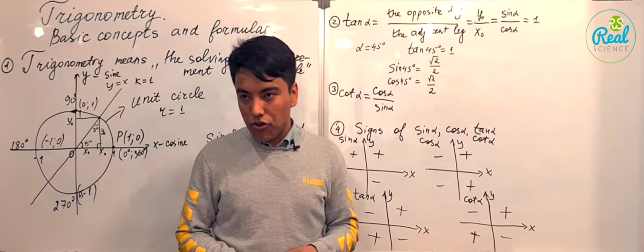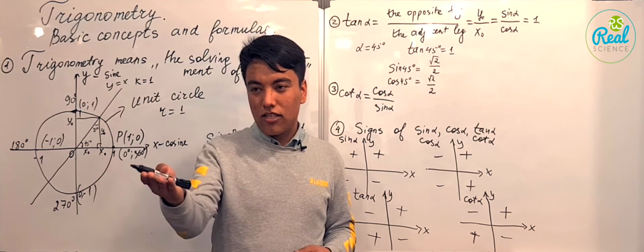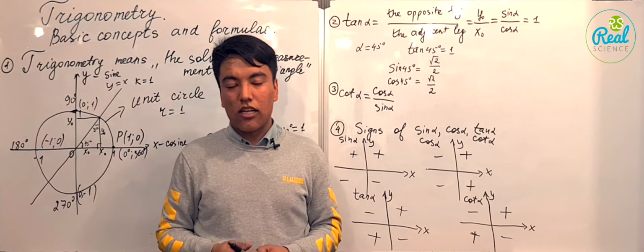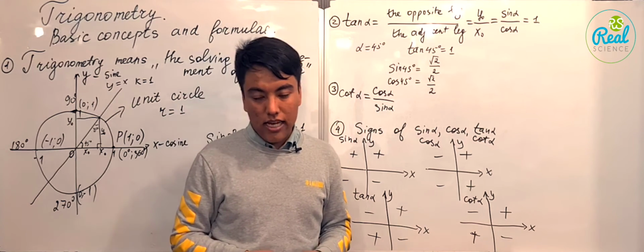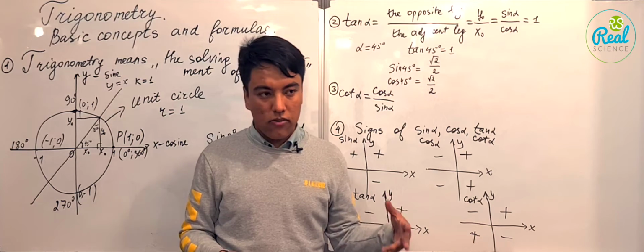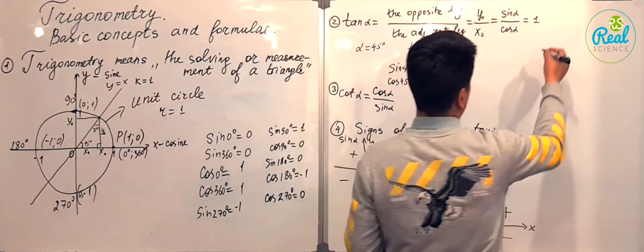Now we are going to learn it in trigonometry. What is the value of pi in trigonometry? 180 degrees. If you are using pi in angle measurement, you must understand pi here as 180 degrees.